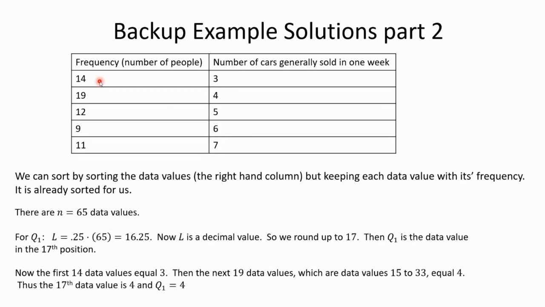Well, we know the first 14 data values are 3, right? The next 19 data values after that, as I wrote down here, 15, 16, up to 19 plus 14, which is 33.